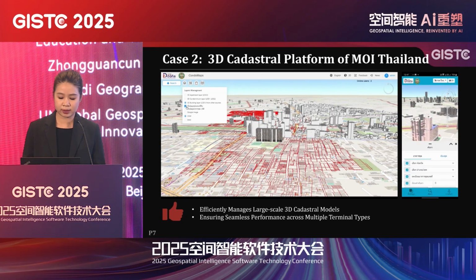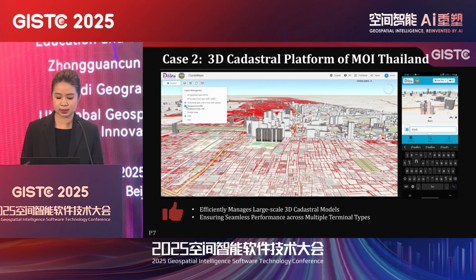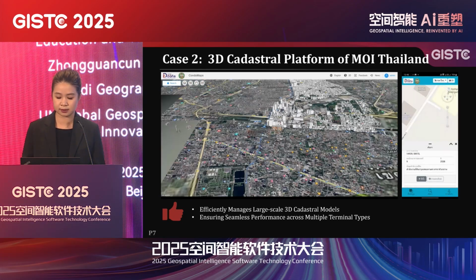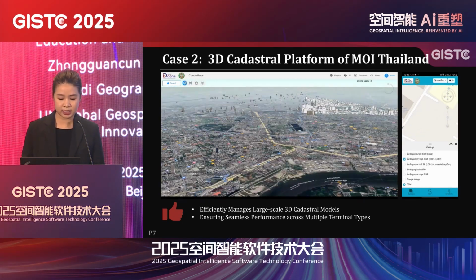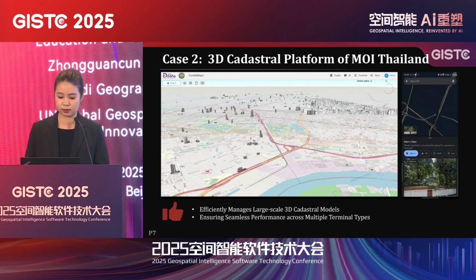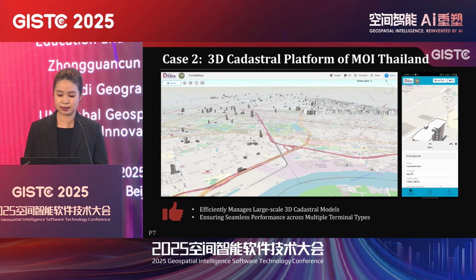This means that whether officials are in the office, in the field, or accessing the information via different devices, the system performs reliably, making cadastral information accessible and usable wherever it is needed. This is important for a country with extensive urban areas and a rapidly growing economy.